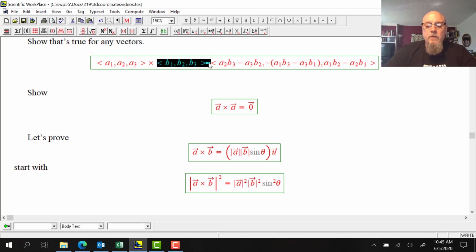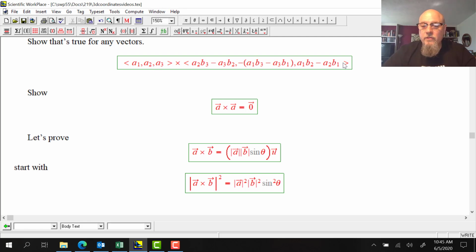So this is what I want to do. I want to take vector A and cross product it with my resultant A cross B vector and show that it's equal to 0. No, I want to dot product it because I want to show that it's perpendicular.